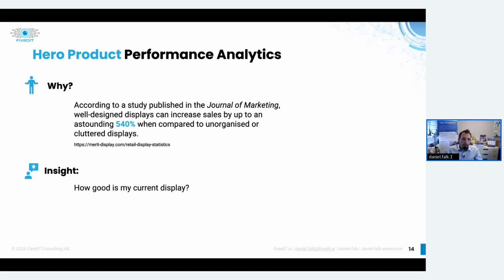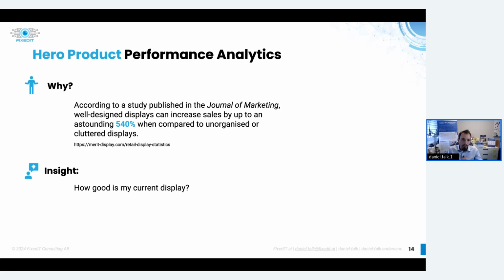So the first use case we're going to look at is hero product performance analytics. According to a study published by the Journal of Marketing, a well-designed display can increase sales by up to an astonishing 540% when compared to unorganized or cluttered displays.